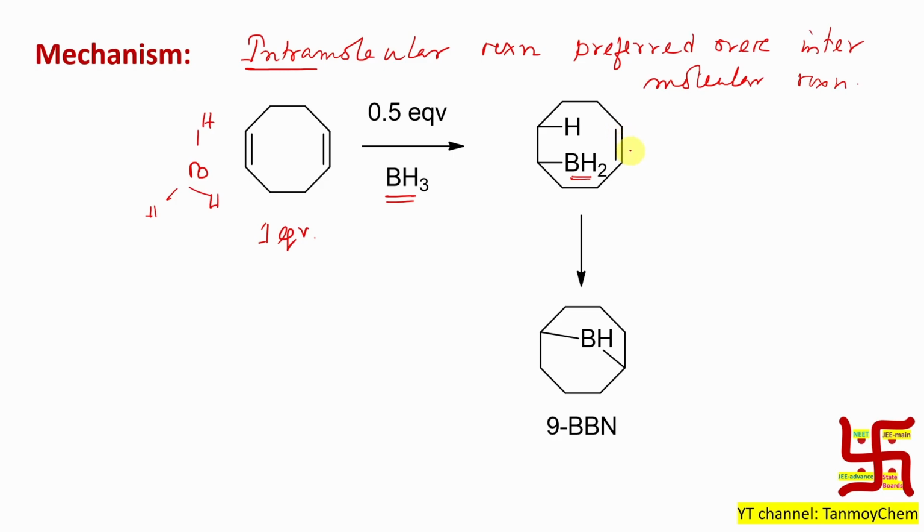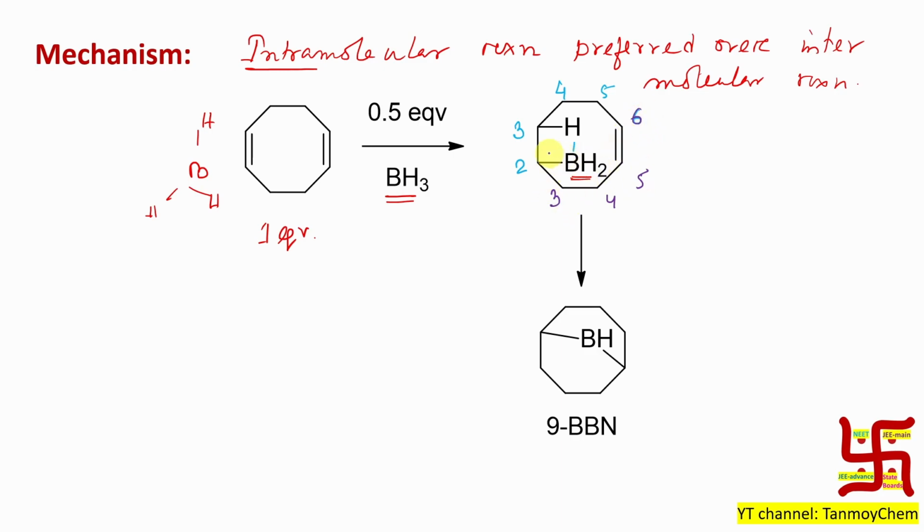Now the question: where will the attachment take place? Let's start the counting. Here ring formation takes place, so the stability of the ring is also an important factor. Let's start here: 1 2 3 4 5 6. So on this side 6-membered, and what about the other side, because we need to think of both sides. This is 1 2 3 4 5 6.